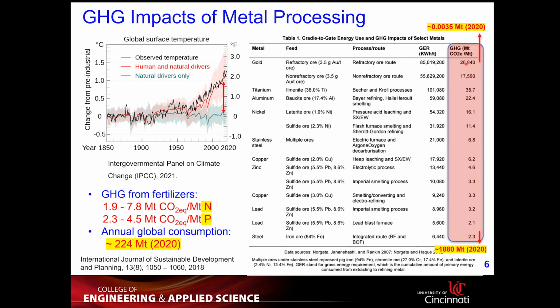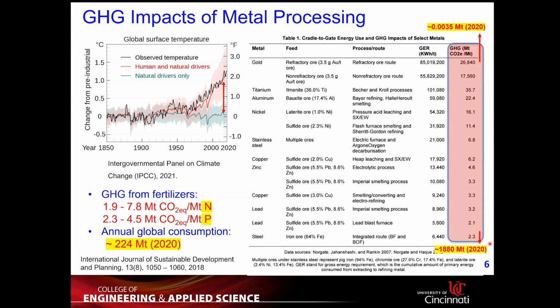So when you combine these two numbers, 26,000 times 0.0035 versus 2.3 times 1,880, the total carbon dioxide emission is much greater from steel compared to gold.